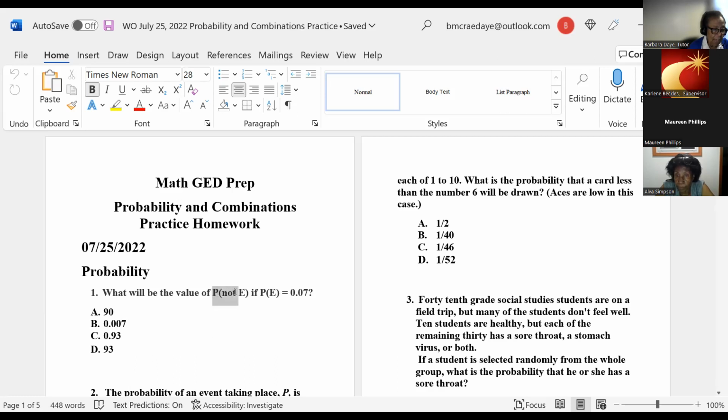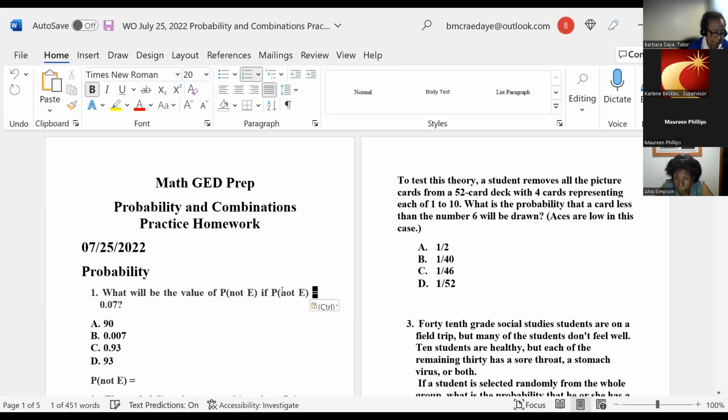We're looking for the value of the probability of not E. And remember, I say they add up to 1 or 100%. So let me just put that there. Probability of not E would be equal to, let me copy that, it would be actually 1 minus probability of not E.